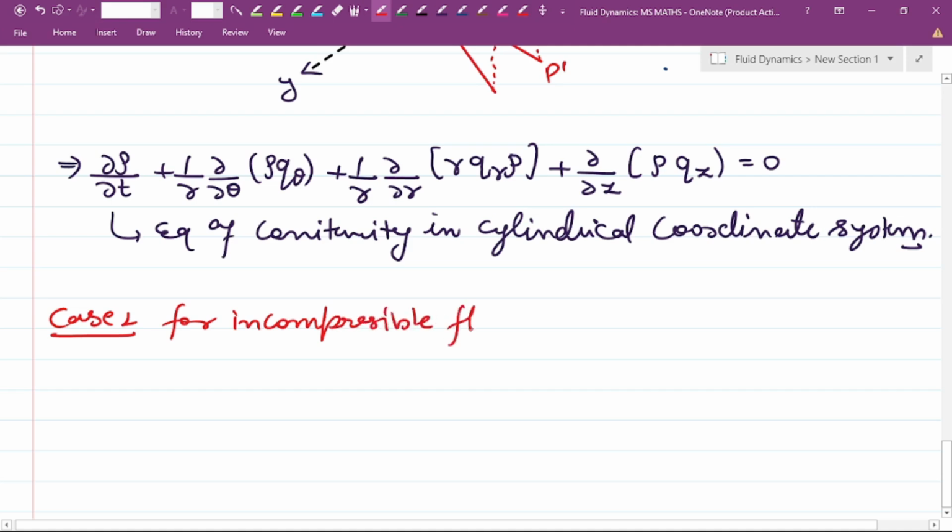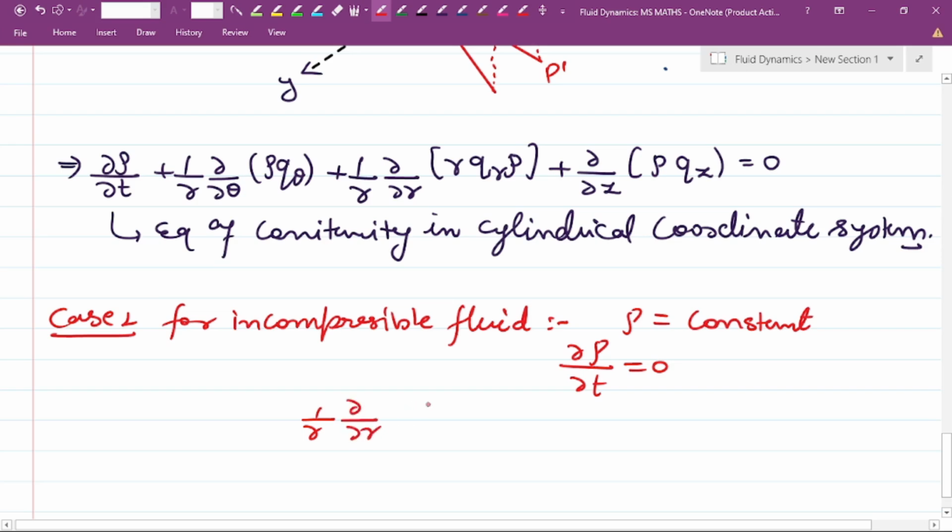There is also a case, case number 1, for incompressible fluid, where rho or density will be constant. It means ∂rho/∂t is equal to 0. So 1/r ∂/∂r of r q r plus ∂/∂z of q z plus 1/r ∂/∂theta of q theta is equal to 0.